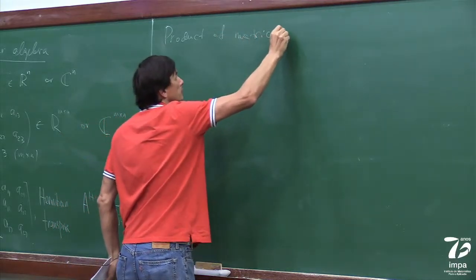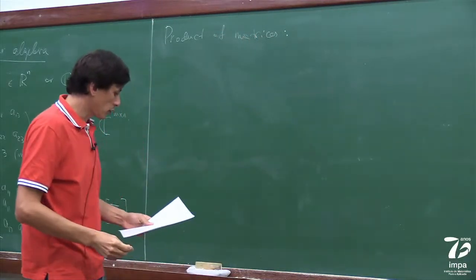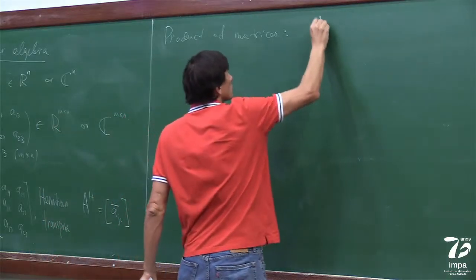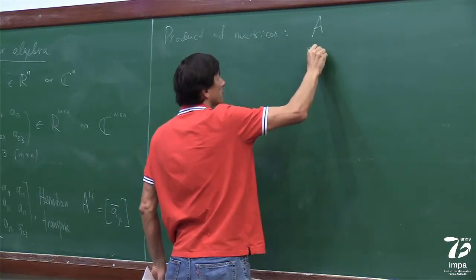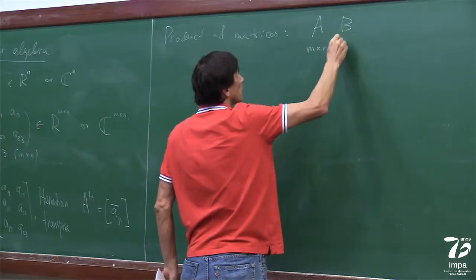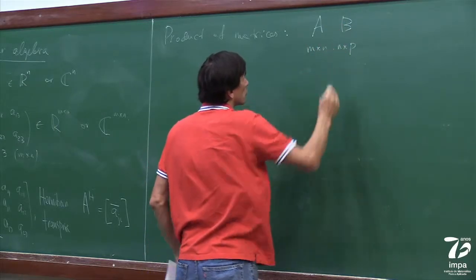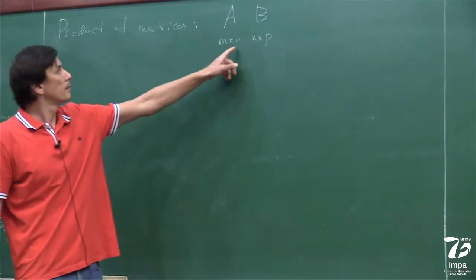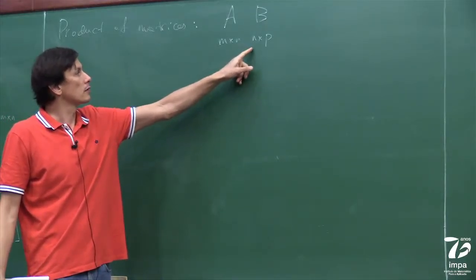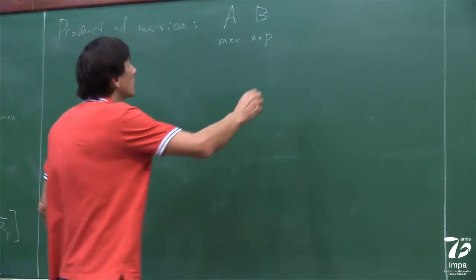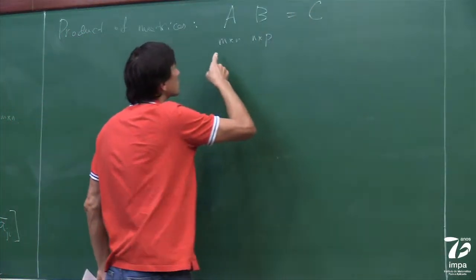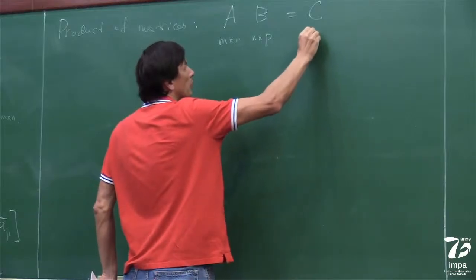So we can take a product of two matrices A and B: A, which will be m by n, times B, which is n by p. When you take a product, the adjacent dimensions should be the same. That's the only way we can make a product. And then you get a matrix with dimensions m by p.